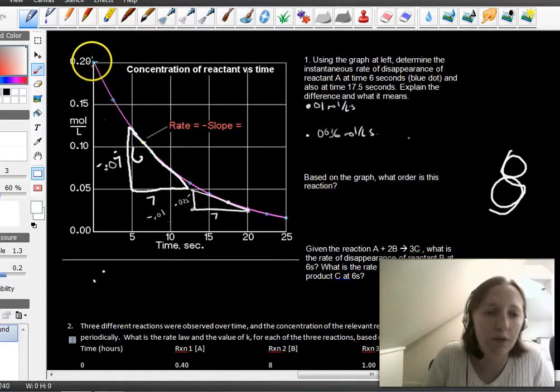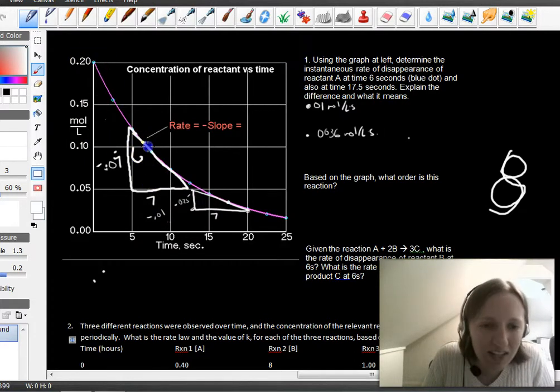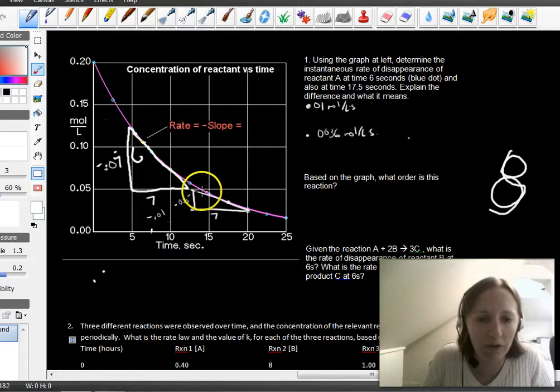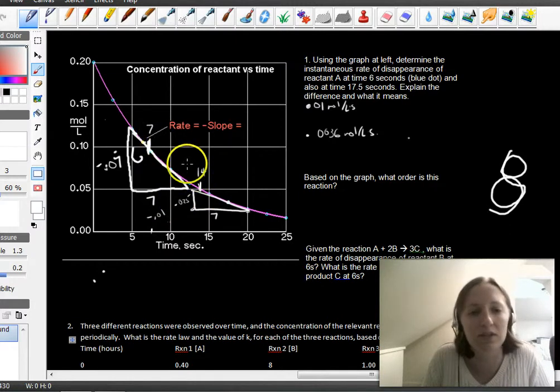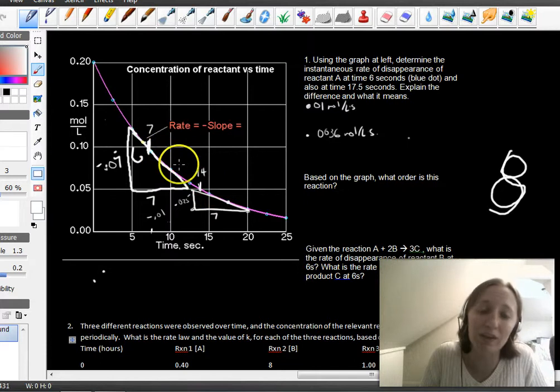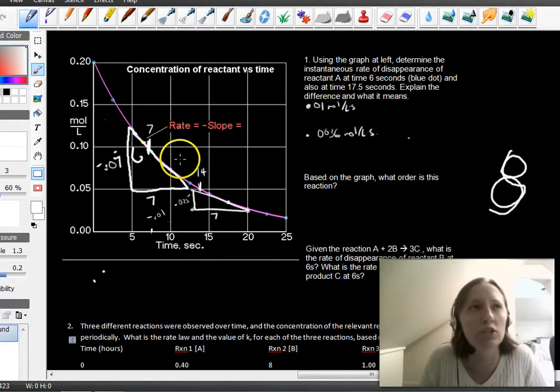So for the half-life, you go from 0.2 to 0.1. That takes like, I don't know, 6 or 7 seconds. And then for the next one, from 0.1, which is about 7 seconds, to 0.05, that's about 14 seconds. That one is also 7 seconds. So what you can see is that your half-life is the same each time. And so you go, oh, gee, which kind is like that? Hey, first order.